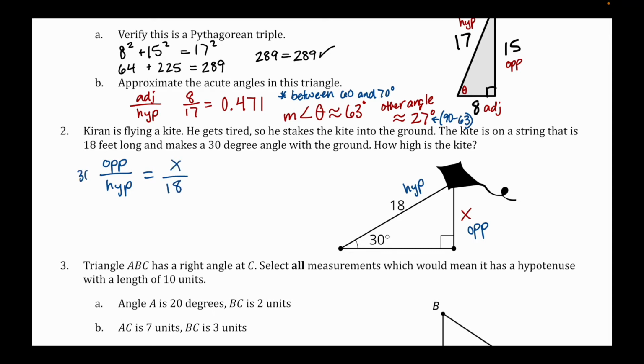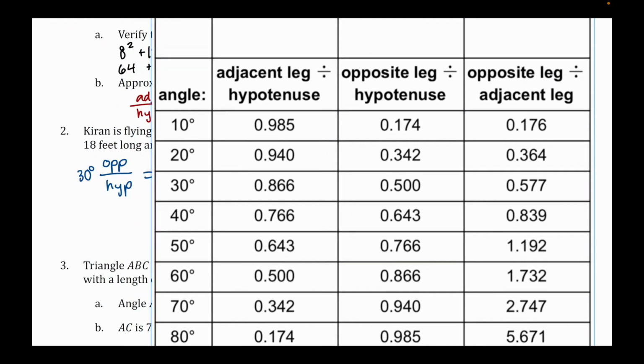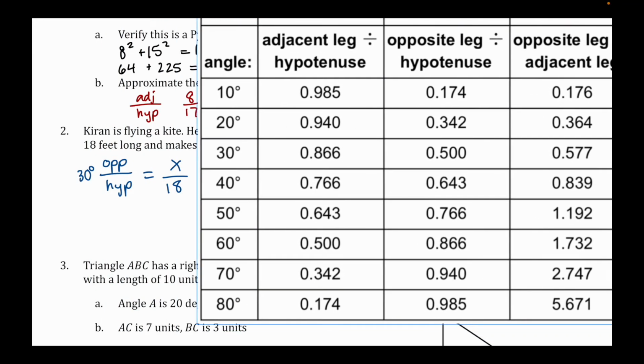And so this is the 30 degrees opposite over hypotenuse. So we're going to find that on our table. Bring back my giant table. Opposite over hypotenuse, I can see right here, it is 0.5.